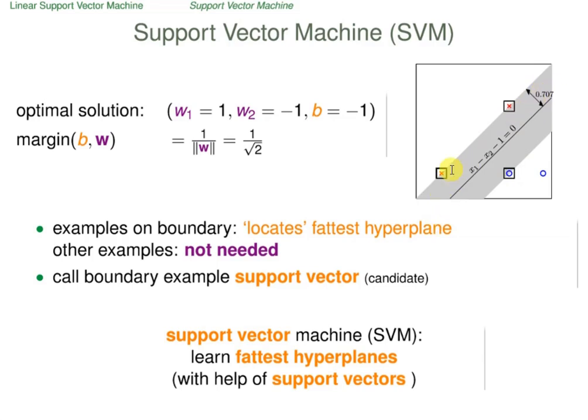The examples that define the margin, which are located on the boundaries, we call support vectors. They play an important role in defining this margin.